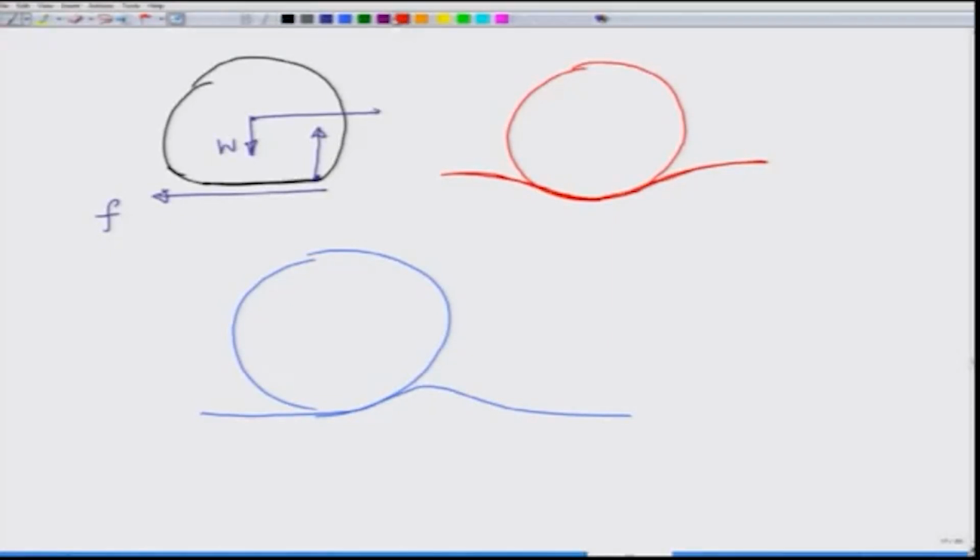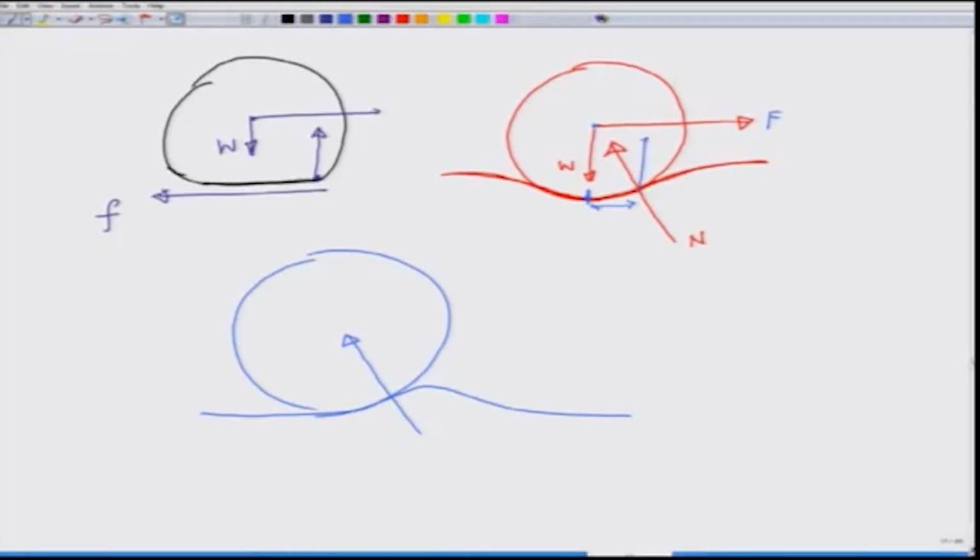In the second situation, if I am trying to pull the wheel, there is a normal reaction acting here like this, and there is a weight pulling it down. In the same way, similarly here also there will be normal reaction acting like this. What this force is trying to do is rotate the wheel about this point.